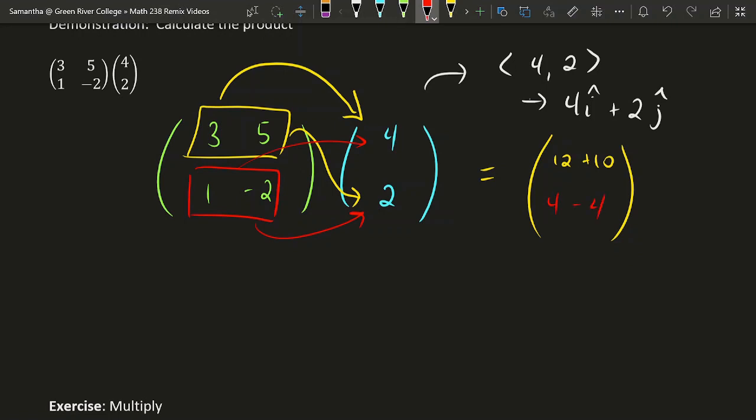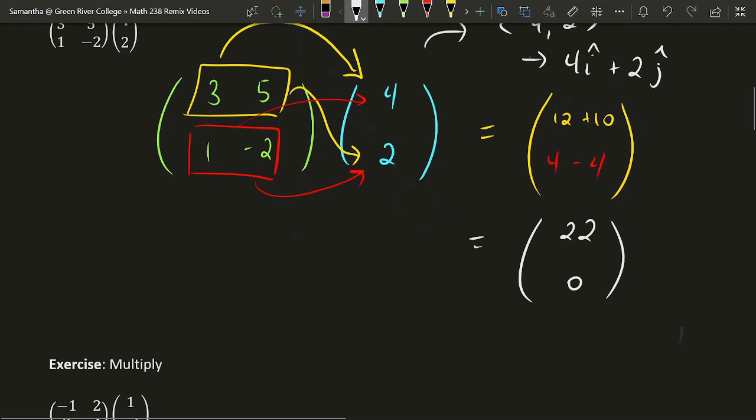Take those two values, add them together, and you get the y component, the second entry in the result. So after simplification, what is the result if I multiply the vector 4, 2 by the matrix 3, 5, 1, minus 2? My result is the vector 22 in the x component and 0 in the y component.